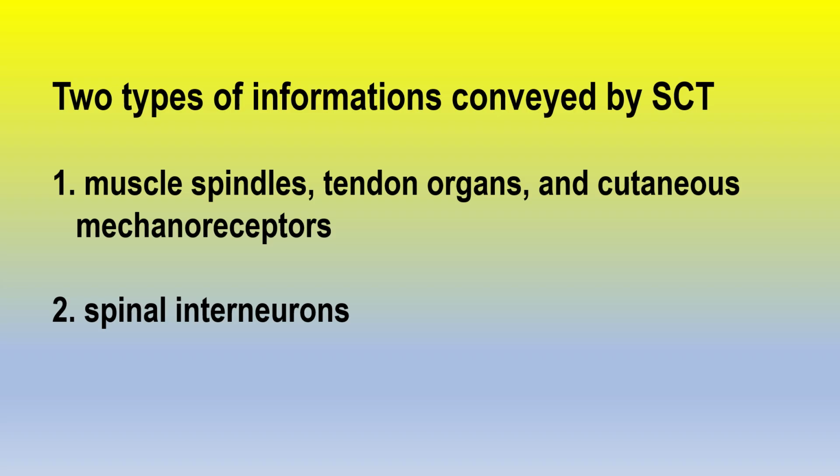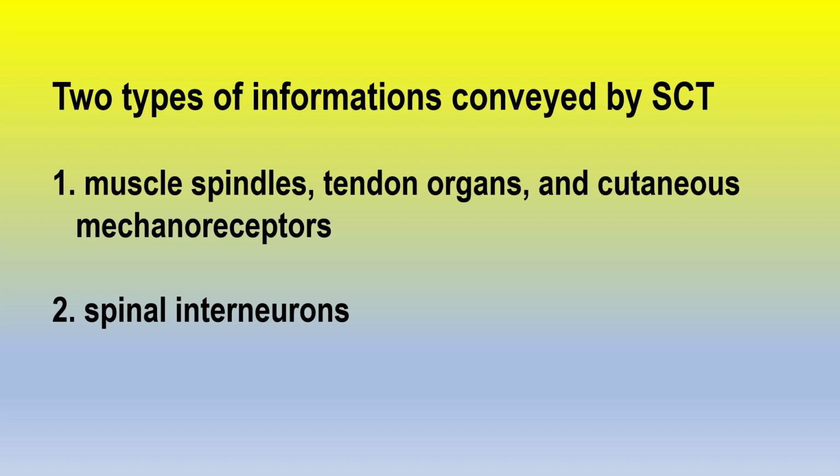Functionally, the direct spinocerebellar tract conveys two types of information. One type consists of information from muscle spindles, tendon organs, and low-threshold cutaneous mechanoreceptors.